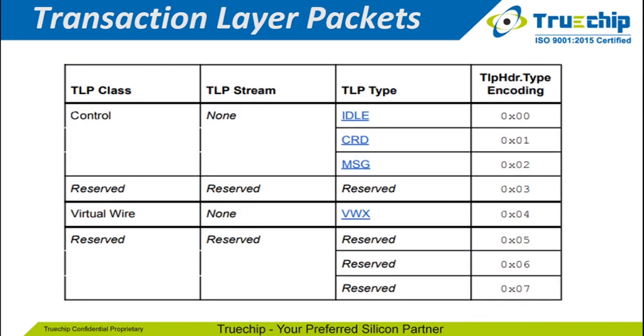So here we can see in the transaction layer packets we have different TLP classes, different TLP streams, and different TLP types for which we have different encodings. So as we can see in this table, for encoding 00 we have idle type, for encoding 01 we have credit type, for encoding 02 we have message type, for encoding 04 we have virtual wire, and for the rest of the encodings all the TLP types are reserved.